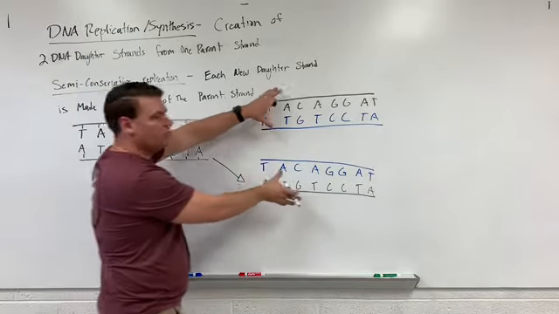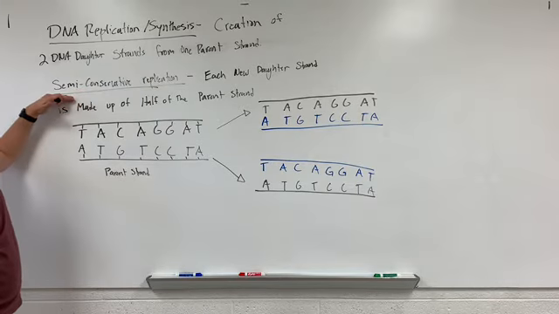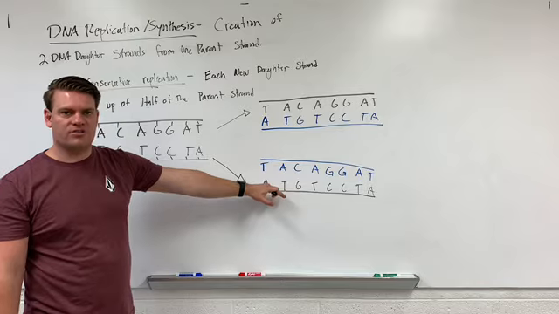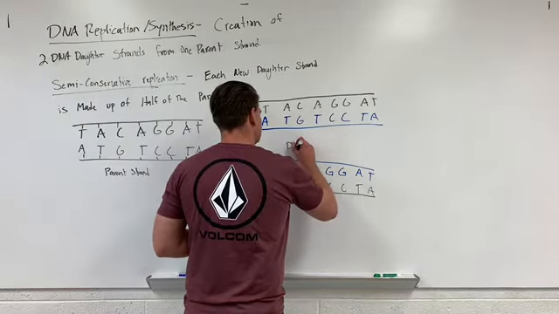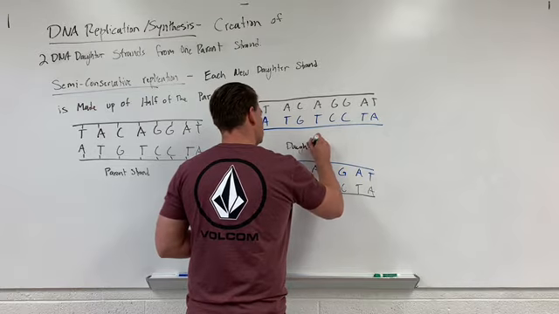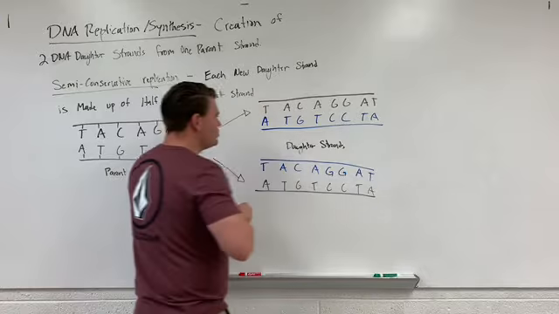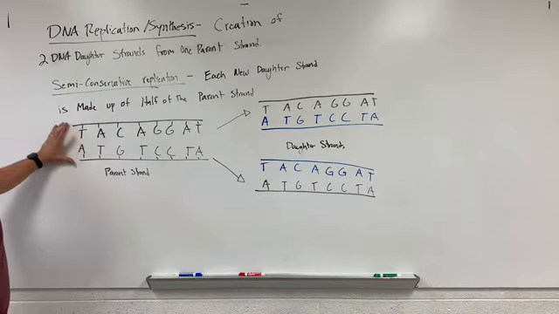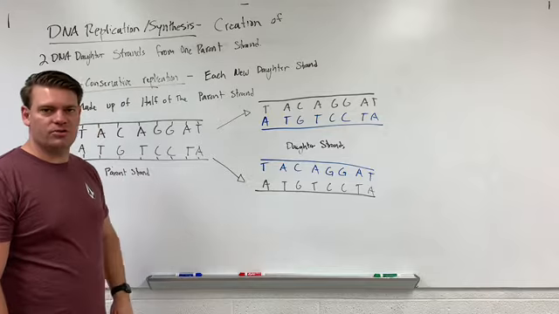Boom, we've created our two new daughter strands, but we have conserved, so partially conserved, the parent strand in our two new daughter strands right here. So that's what we mean by semi-conservative replication: we're conserving some of the original DNA in half of our two new strands.